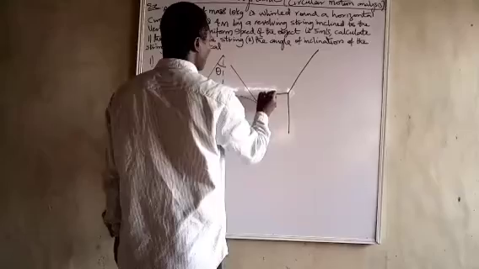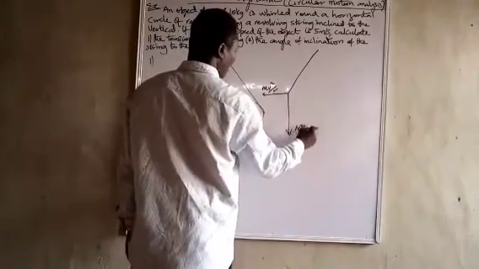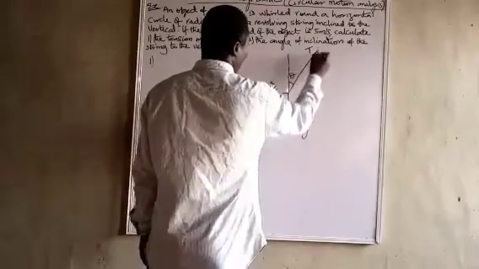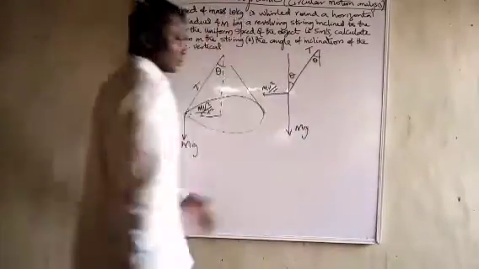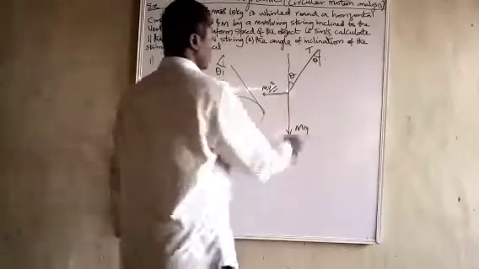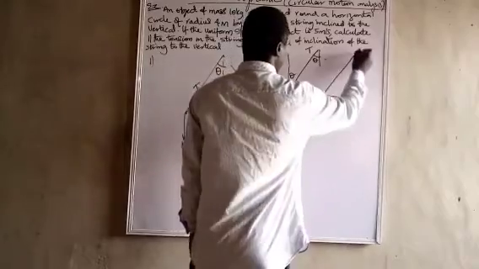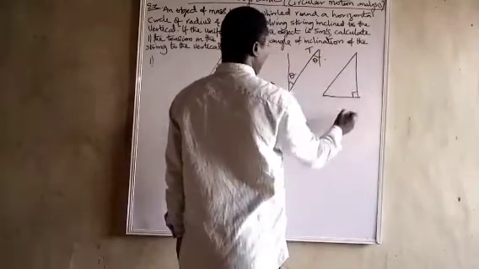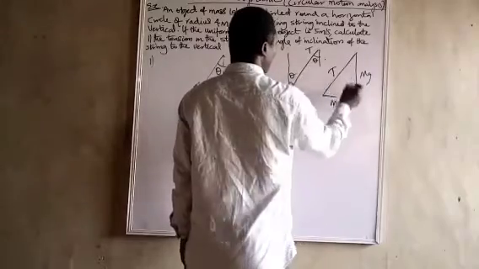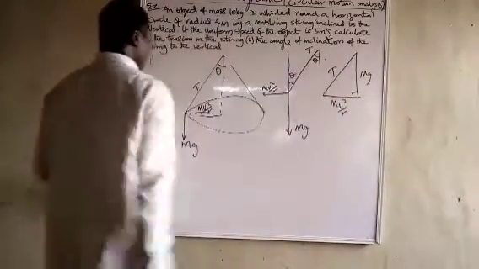So the mv squared over r will be this, or m omega squared r, mg, and we have T. So they are also asking for this theta here, because it will be equal to this one. Can you see now? If you draw this triangle, you will see that T, because this one and this one are perpendicular. So mg here, mv squared over r and T here. So you can see the sum of these two will give this using Pythagoras theorem.